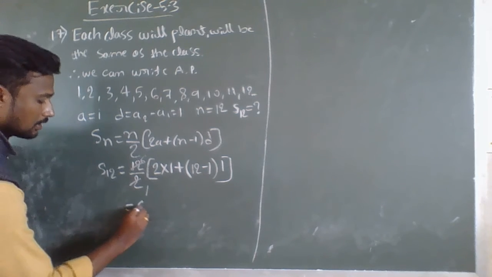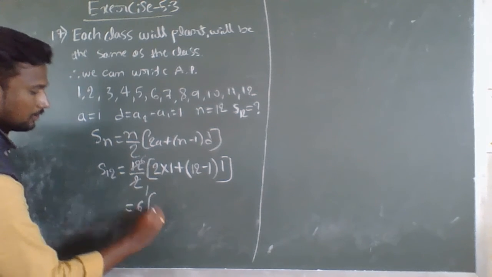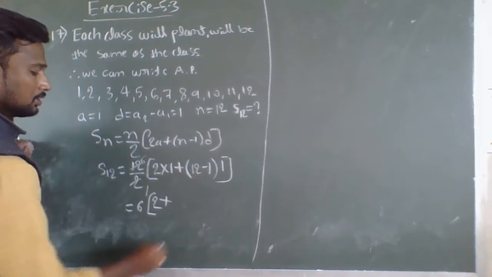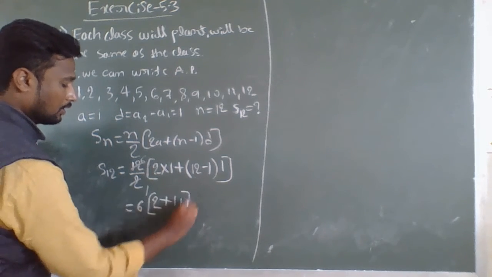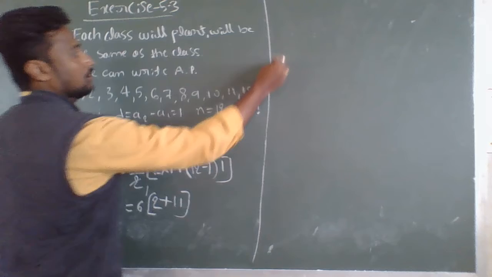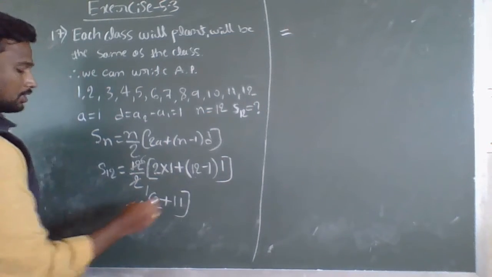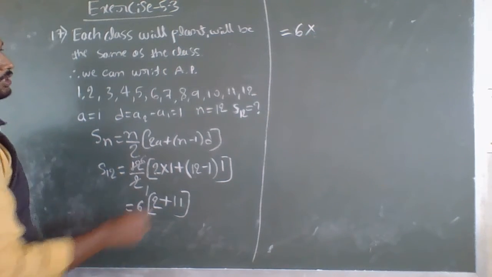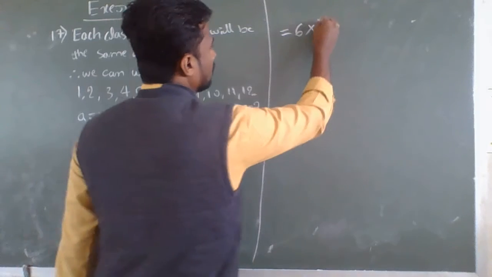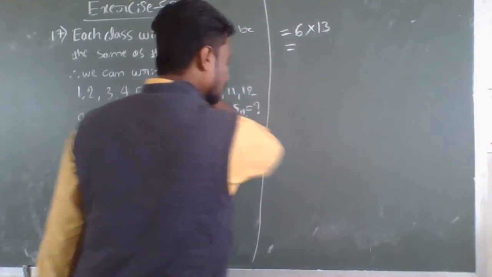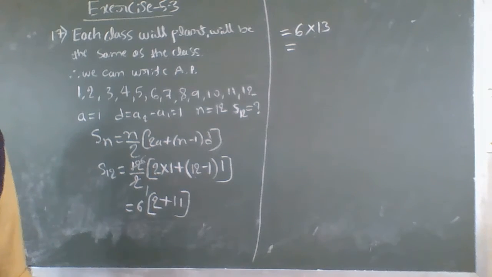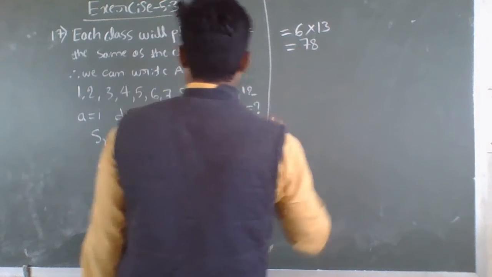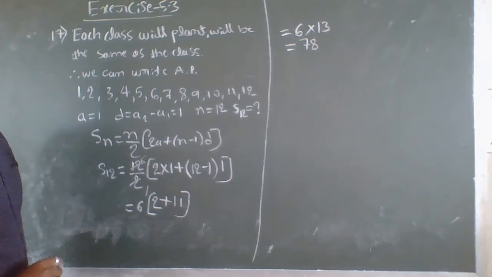Therefore 6 into bracket 2 into 1, which is 2, plus 12 minus 1, which is 11, 11 into 1 is 11. So now I will write 6 into 2 plus 11, which is 13. So 6 into 13. What is the answer? 78. We got the value of S12 now.